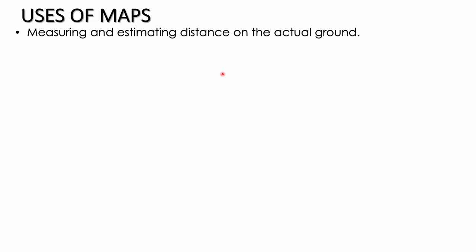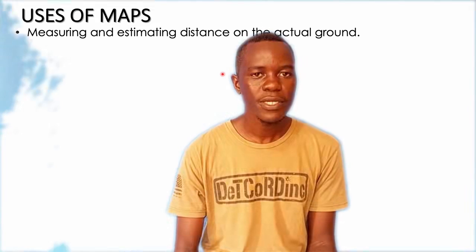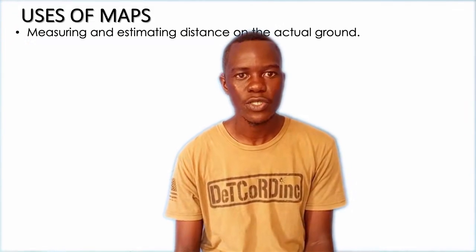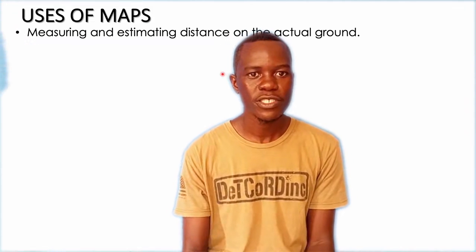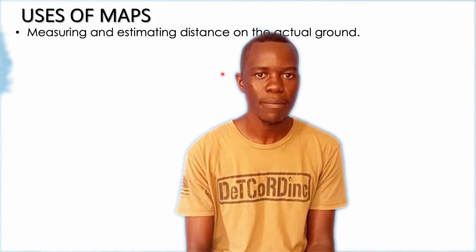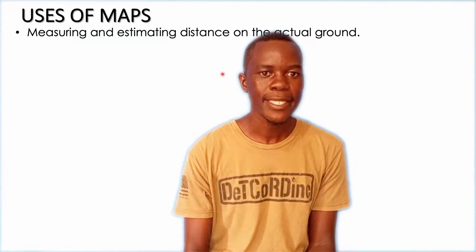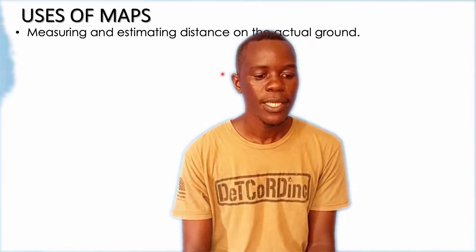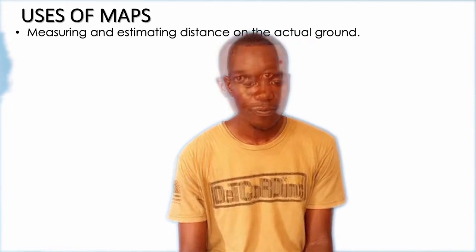In that particular map, you have the scale, which shows the relationship between the distance on the ground and that on the map. So map readers are able to tell the distance on the actual ground using that scale, to say that if this distance is represented in this way on the map, then on the actual ground it is this. That is possible because of maps.